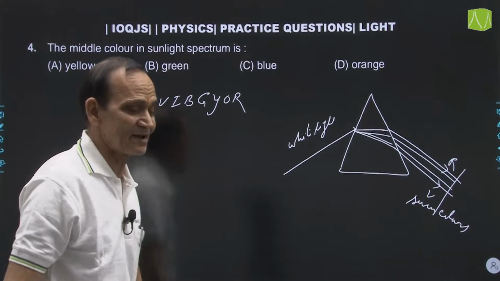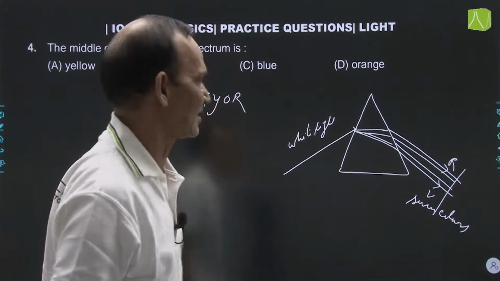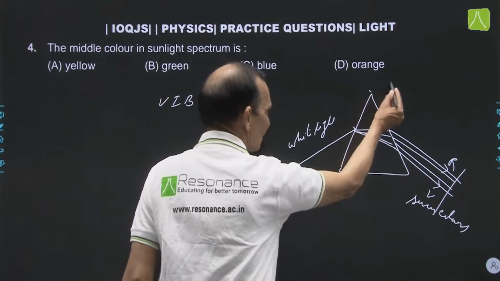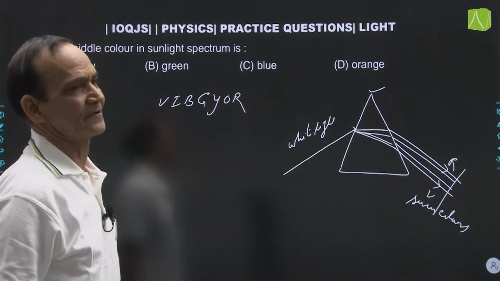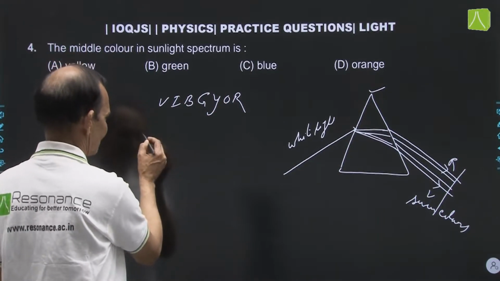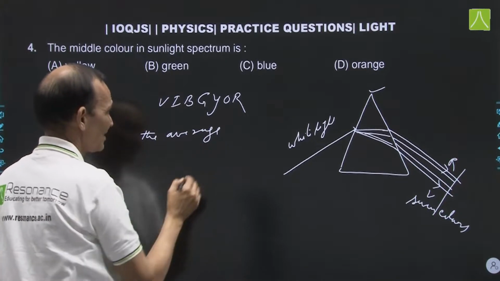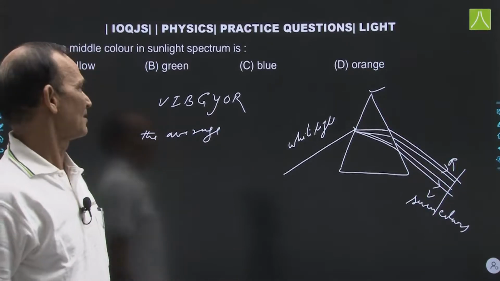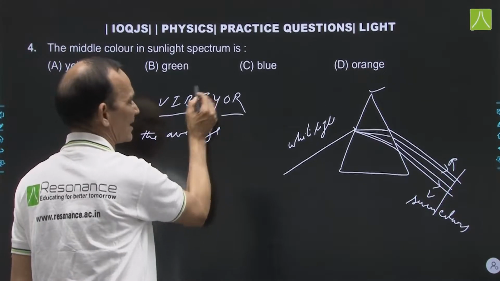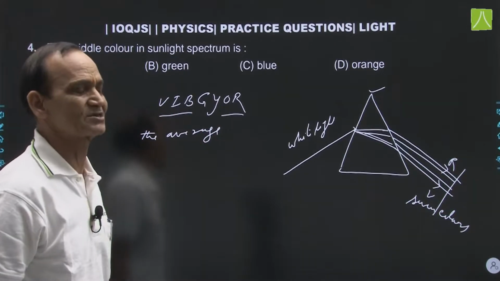So which one is the middle color? We know very well the refractive index of prism for different colors will be different. Here green is not the middle color, and neither is the third one. So how will we decide which one is the middle color?